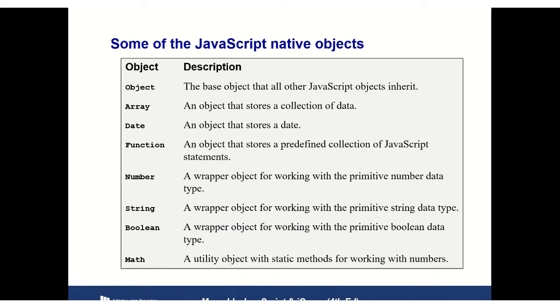Now, string, number and boolean native objects correspond to string, number and boolean primitive data types. That's because these objects are wrapper objects for those primitive data types. So what's a wrapper object? A wrapper object is one that contains another object or data type and provides properties and methods for working with it.